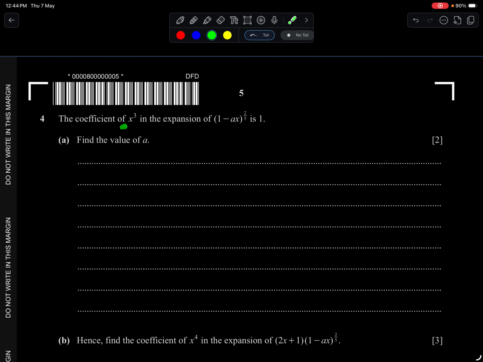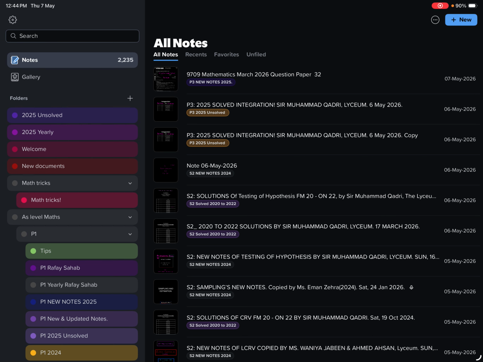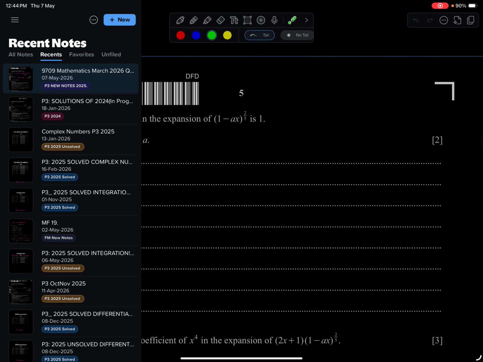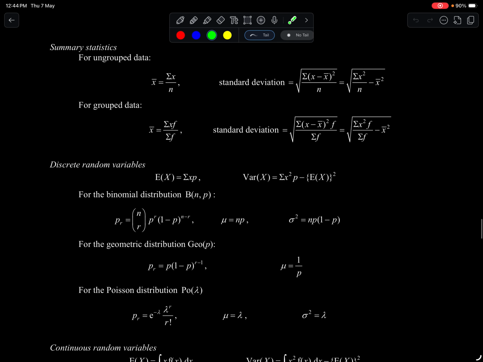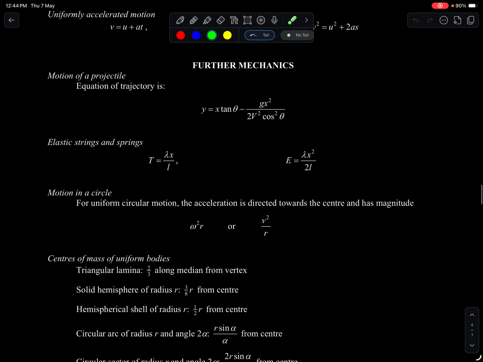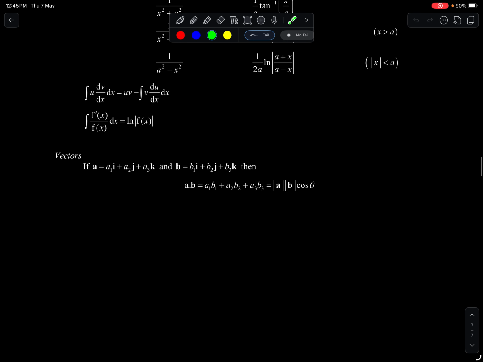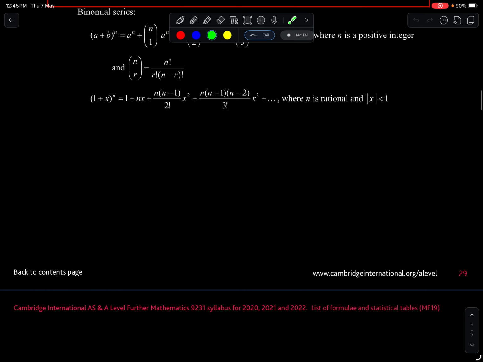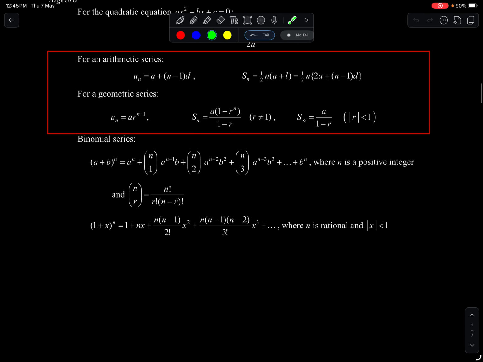The coefficient of x cube in the expansion of... let me show you MF19, because we need MF19. It's here. See, this is very important.